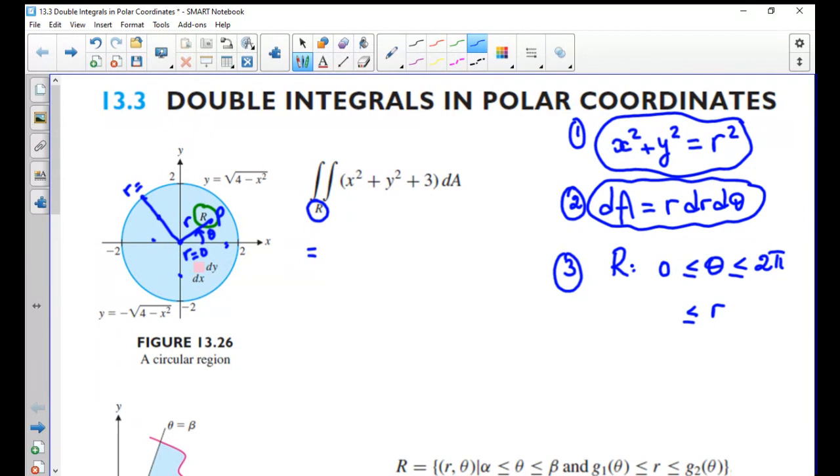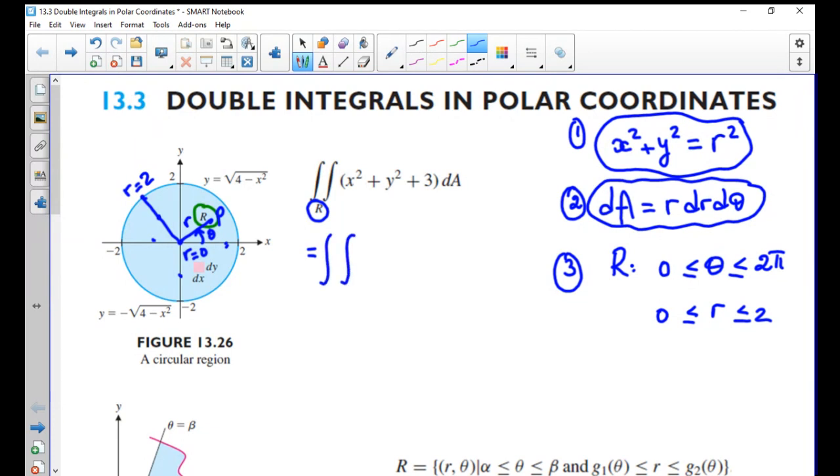We are inside the circle only. What is the radius of the circle? 2. So the maximum value for r will be 2, from 0 to 2. So r will go from 0 to 2. Once we have this, it's easy now to calculate this integral.